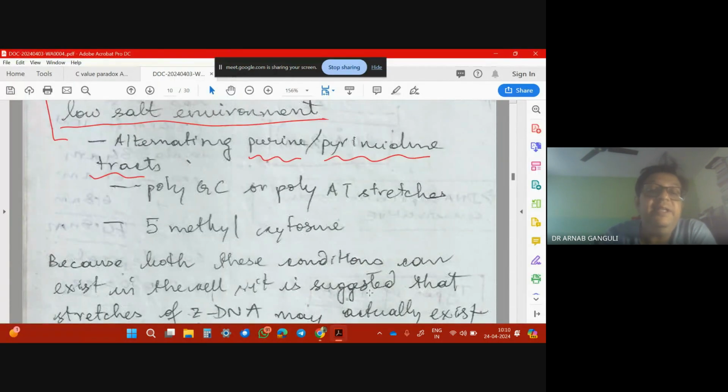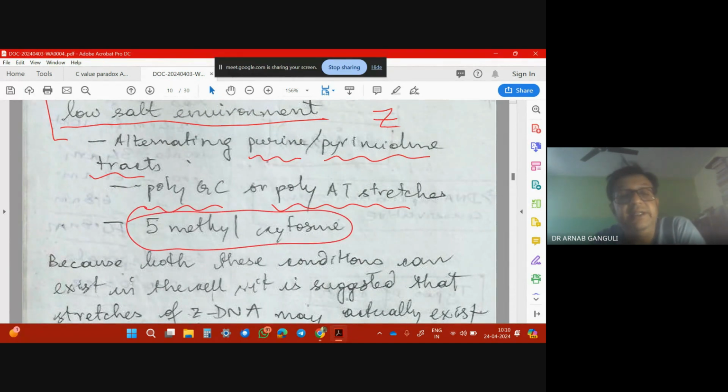Whenever there are poly GC or poly AT stretches, long stretches of GC or AT, then this Z-DNA structure can exist. And also when a 5' methyl cytosine is added to the DNA.